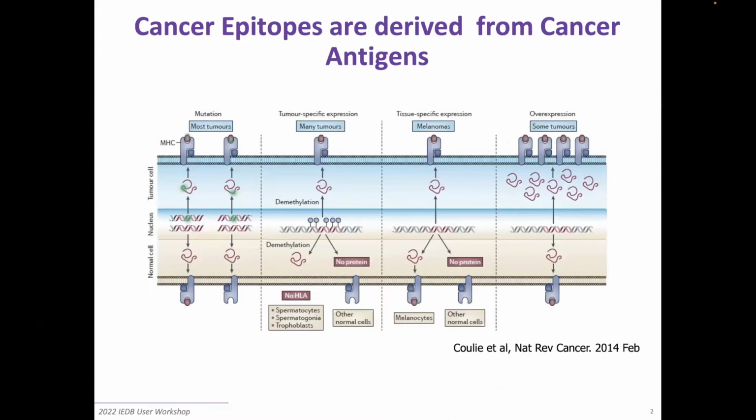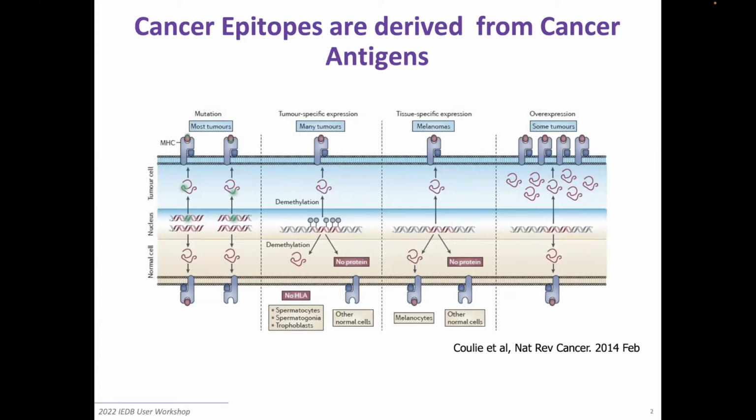Obviously they are derived from cancer antigens for the most part. In reality, there are also some cancer epitopes that are derived from viruses associated with cancer, for example, HPV, which is associated with cervical carcinoma and so forth. But those have already been curated by the IEDB because they're part of infectious diseases.